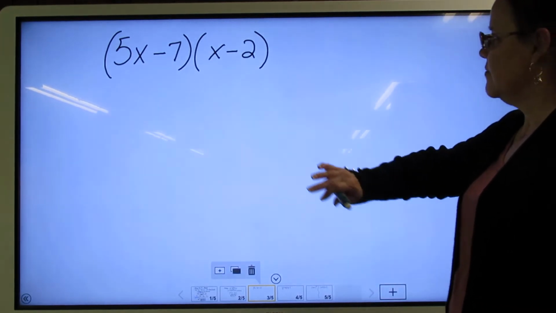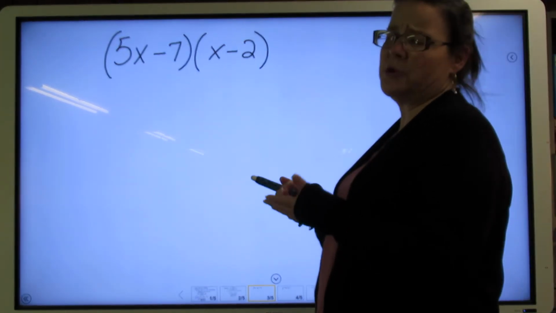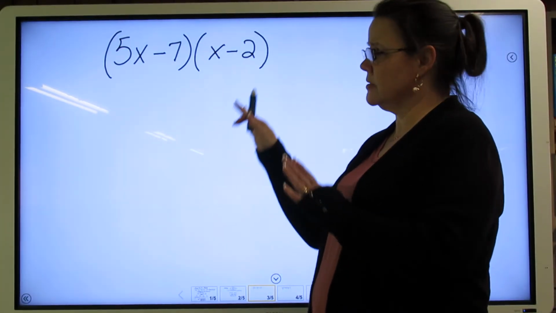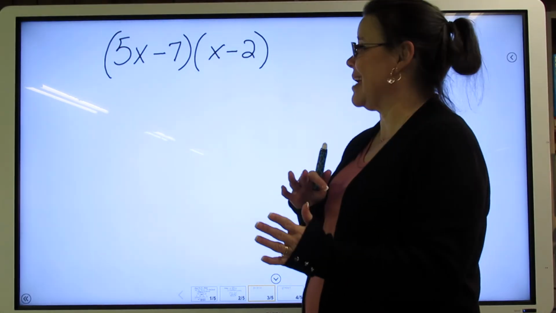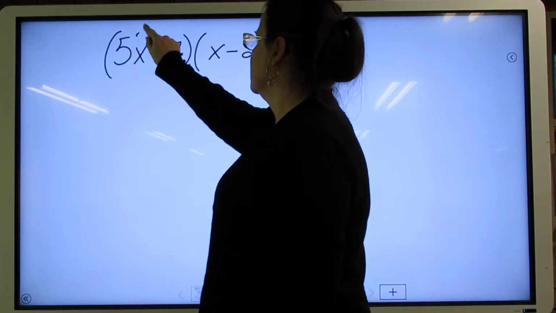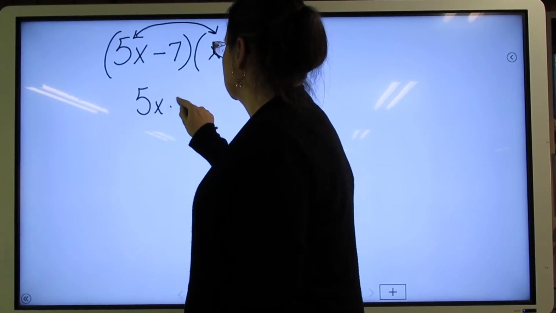Next, 5x minus 7 times x minus 2. At this point, you can stop, pause, write it down, see if you're following the directions. First, outer, inner, last. First, 5x times x.